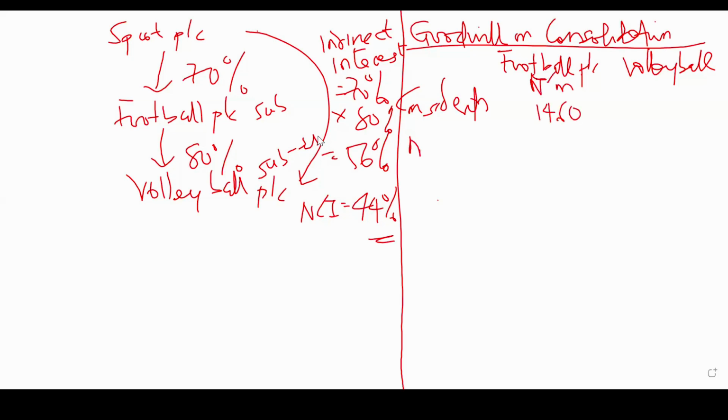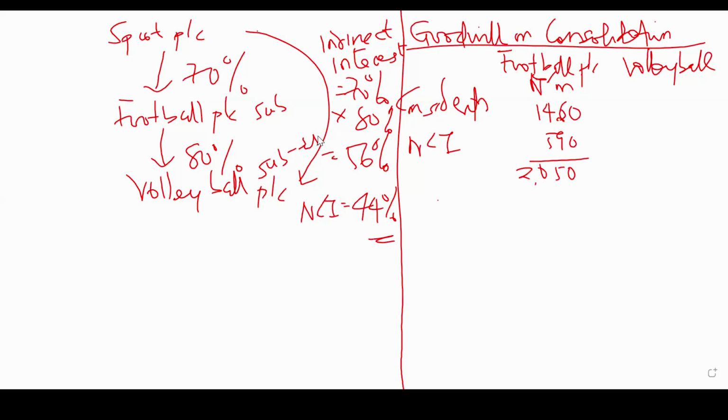I'm sure they gave us the fair value of NCI, so let's not waste time. What is the value of NCI? 590. Good. If you add all of that together, what do we get? 2050.